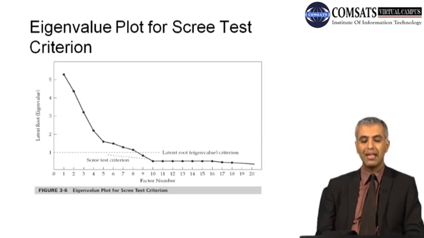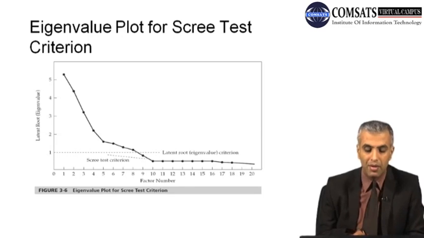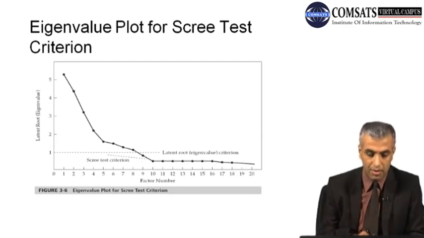Basically this Scree test is made by plotting the eigenvalues which are calculated for each variable, and based on these eigenvalues we plot them on a graph. Now here you can see a certain factor which has been plotted here.